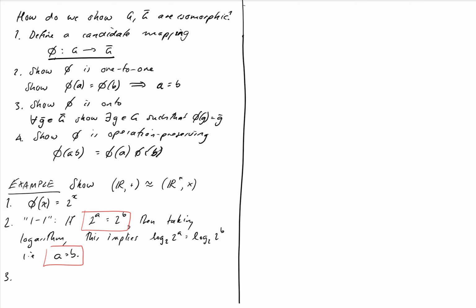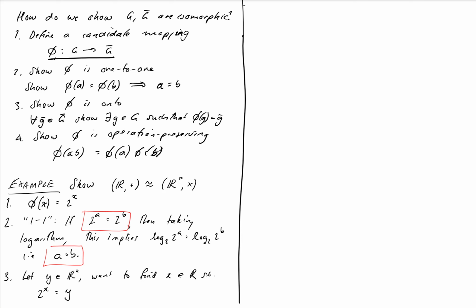So in our example, we have to show that for every G bar in G bar, so that means for every positive real, let y be a positive real number, we want to find x in the regular real numbers such that phi of x is equal to y. So 2 to the x is equal to y.